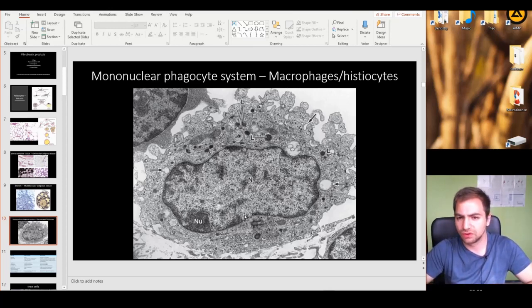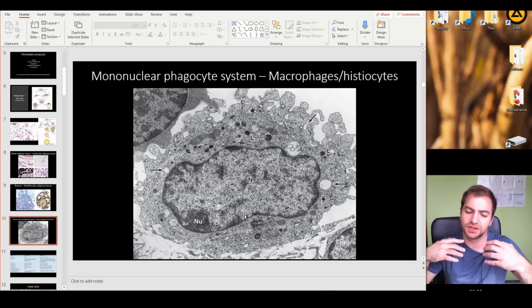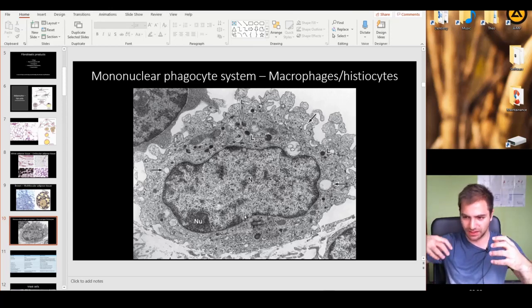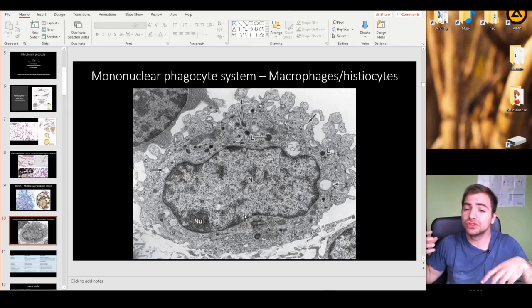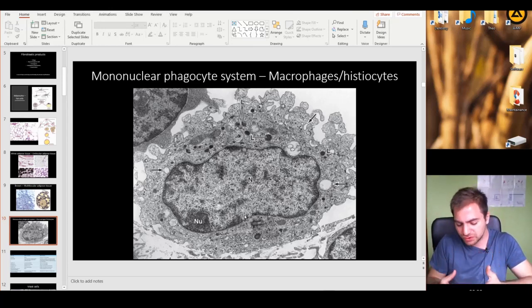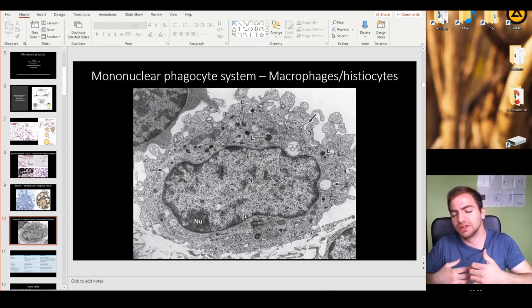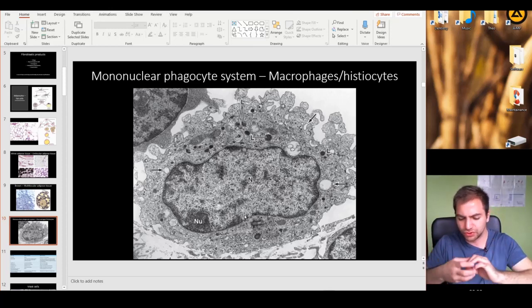The reason why we call it the mononuclear phagocyte system and not just macrophages is because the monocytes are the precursor cells of the macrophages. So the unit of this system is the monocyte. Of course, the monocytes can group together, go into different locations, and form different structures.